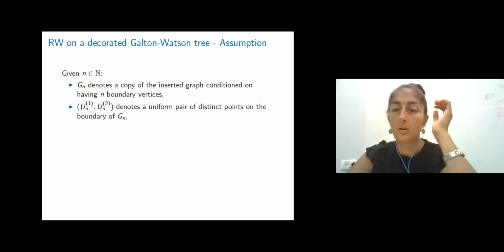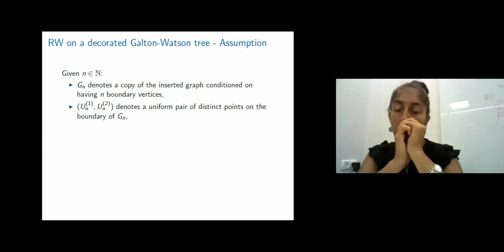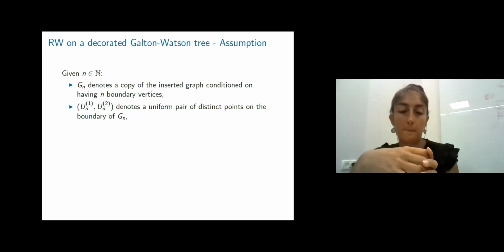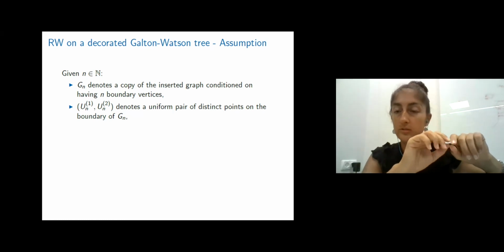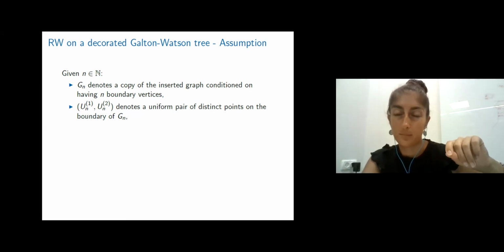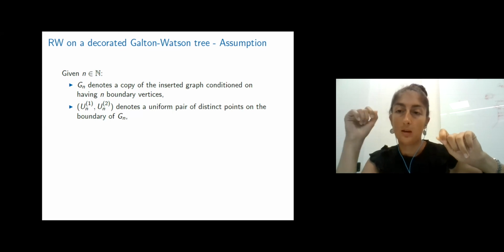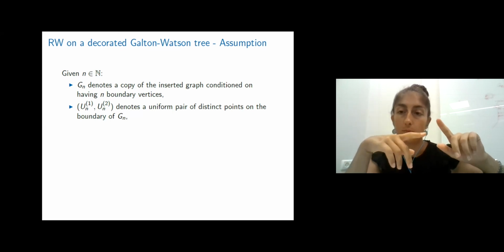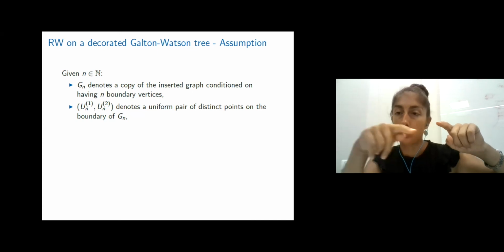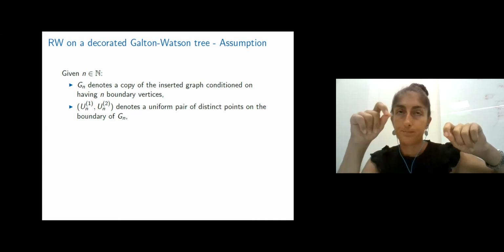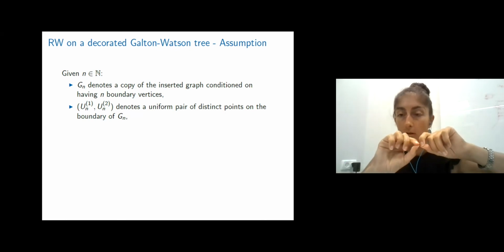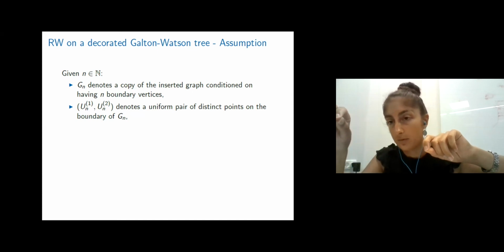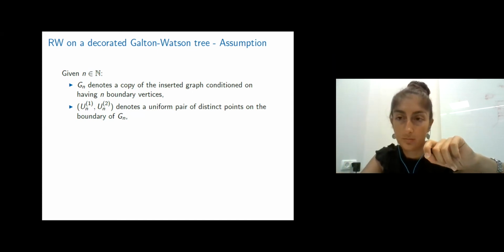It will also be important, for example, in the pictures, you can see that in this critical Galton-Watson tree, we had this special backbone, which is the one path that survives to infinity. We will want to know how distance adds up along this backbone. It's natural that if you take a vertex on this backbone, the child, which is the next backbone vertex, will be uniform amongst the children of that vertex.